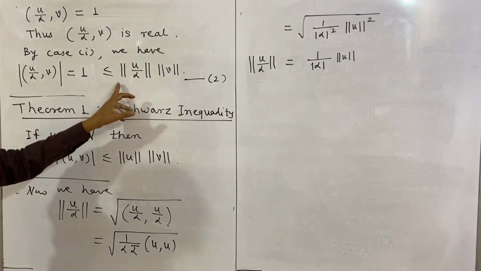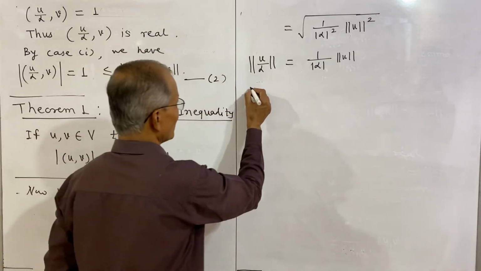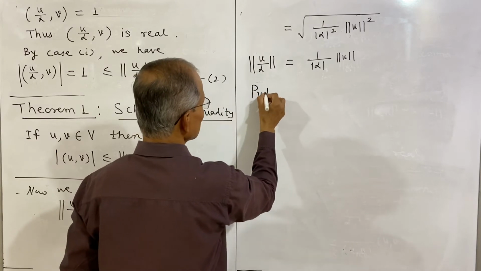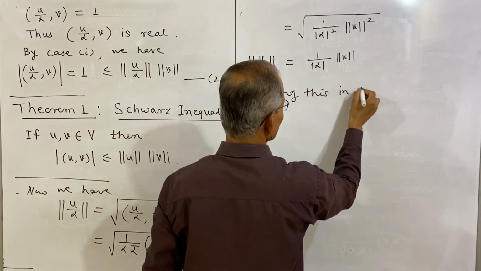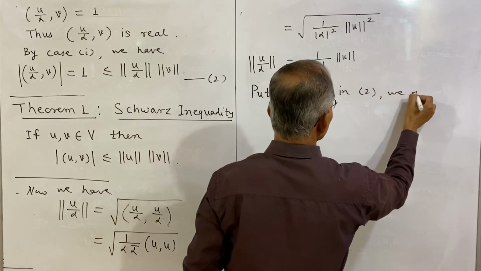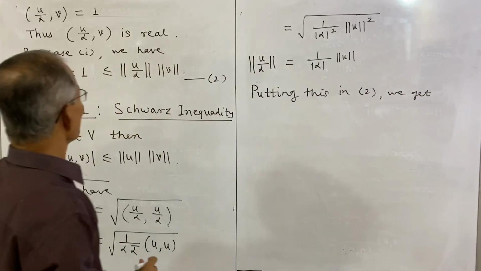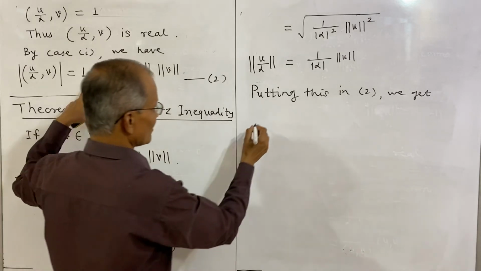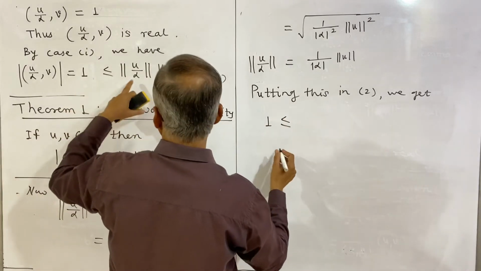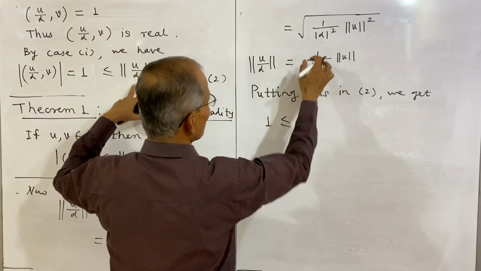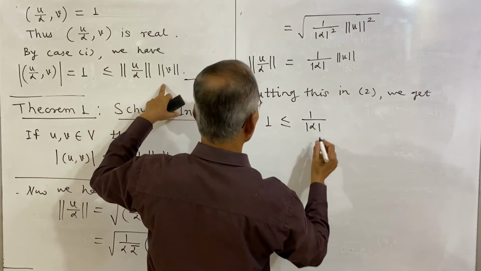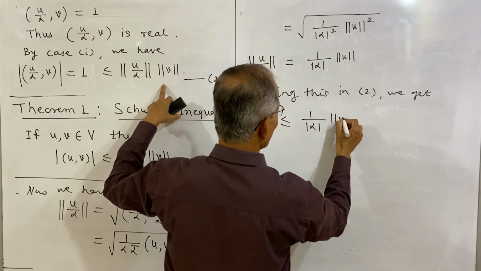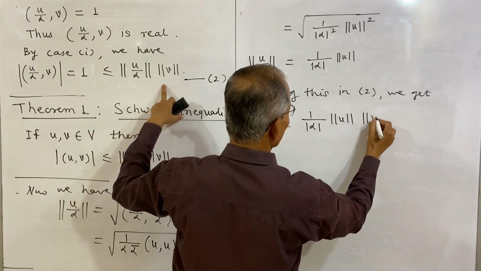So putting this value in equation 2, we see what will be the second. 1 is less than or equal to 1 upon mod alpha into norm u into norm v.